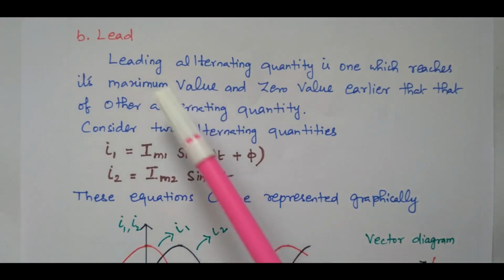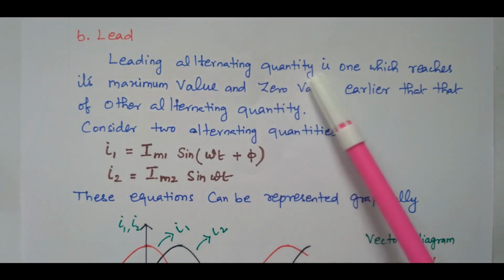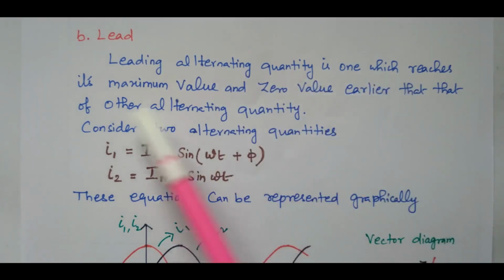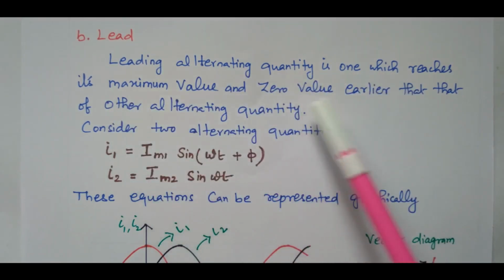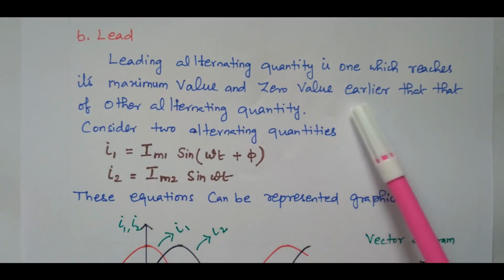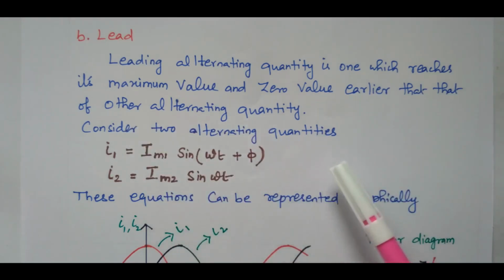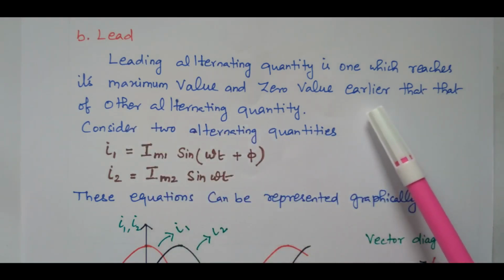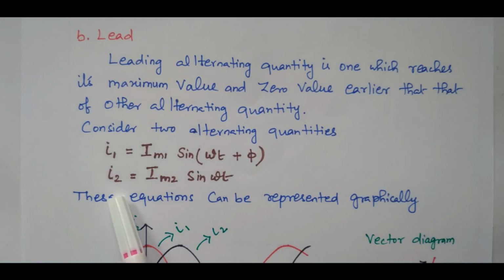A leading alternating quantity is one which reaches its maximum value and zero value earlier than the other alternating quantity. Before one quantity reaches, the other quantity reaches earlier. In the previous case it is later, now it is earlier, so that is called leading. It is represented by the equation I2 equals Im2 sin omega t, so it starts at 0, there is no delay.